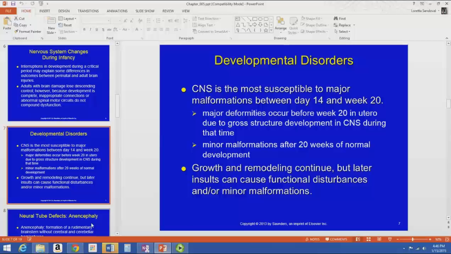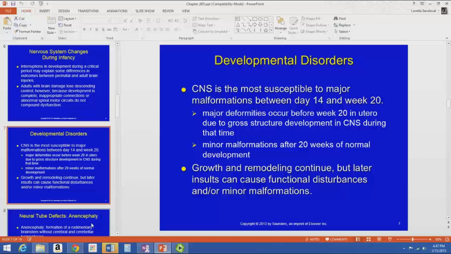That's sort of the part at the beginning of the chapter that we didn't really talk about, but when the big areas of the brain are being formed, between day 14 and week 20, if anything happens during that period, that's where a major deformity can occur. And a lot of times, if it's a big enough deformity, it will result in a miscarriage. The baby won't ever develop and get born.